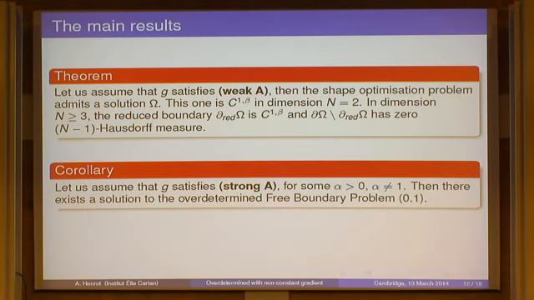And then, as I explained in my computation before, as soon as I have a solution of my shape optimization problem, and this regularity is enough to be able to compute the shape derivative as I did, then I can find the solution of my overdetermined free boundary problem by the trick I presented.